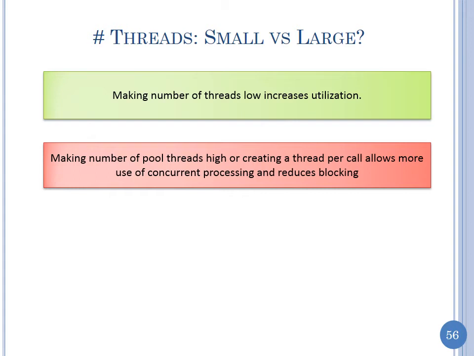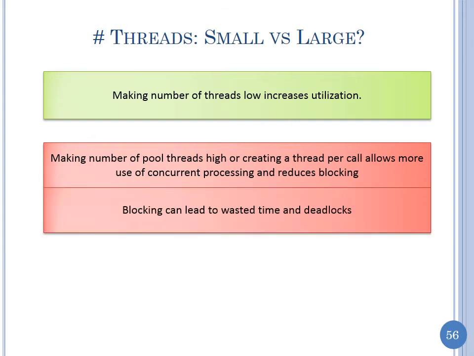And when you have a static policy, having a large number of threads also reduces blocking and uses more concurrent processing. Blocking can lead to wasted time, as was hinted by David, and it can lead to deadlocks.